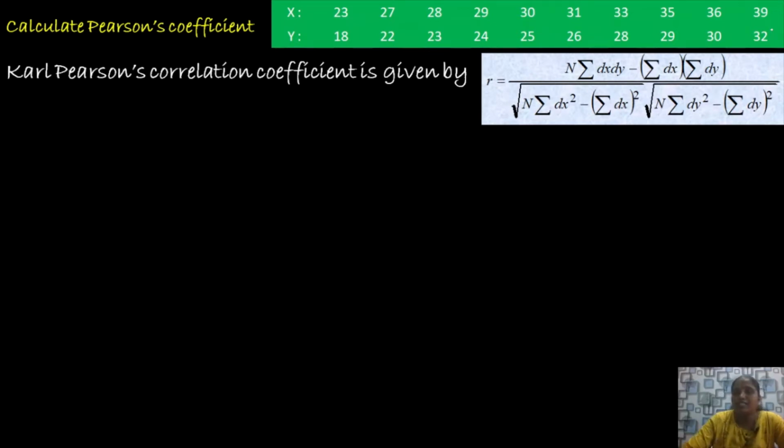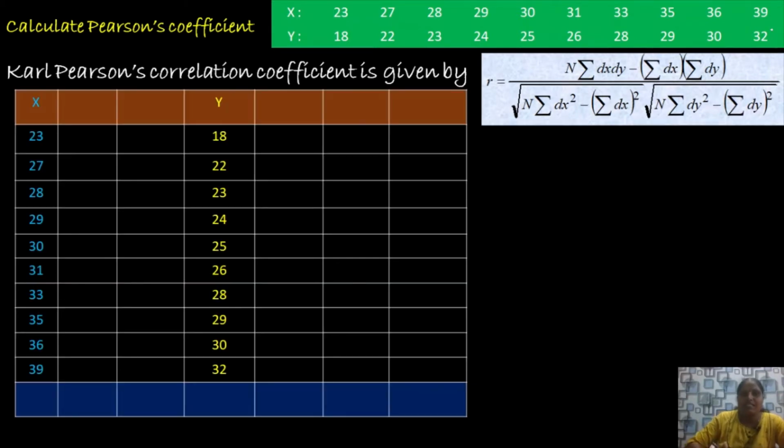For this, let me first calculate sigma dx, sigma dy, sigma dx dy, sigma dx square and sigma dy square. For that, let me first construct a table, where the first column consists of the values of x and the fourth column consists of the given values of y.